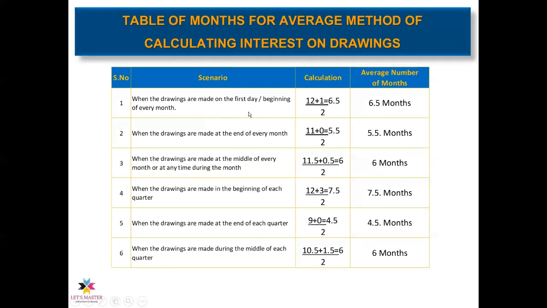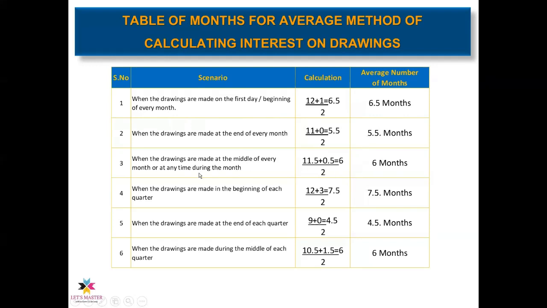If the drawings are made on the first day or beginning of every month, the average number of months that you would use in the formula is 6.5. So the formula will become amount of drawings multiplied by rate of interest divided by 100 multiplied by 6.5 divided by 12. In case of end of every month, the 6.5 will get replaced by 5.5.